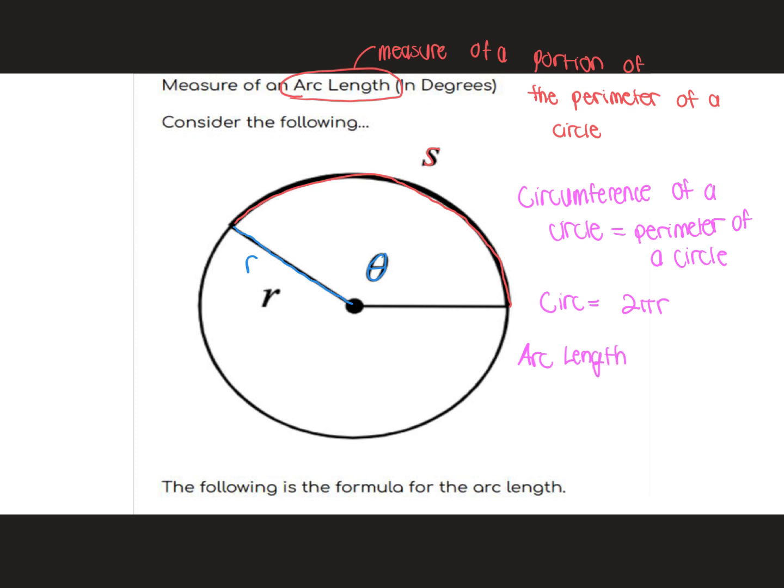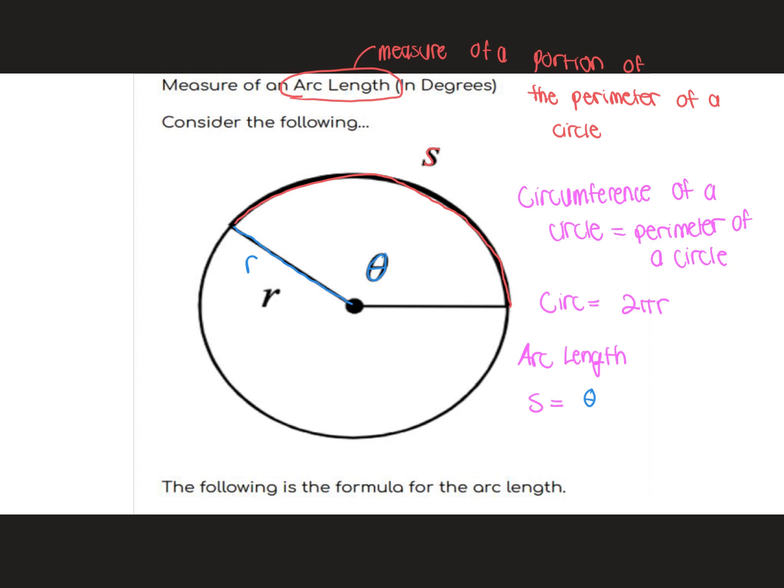And then the arc length formula, which is really S here, involves this central angle theta. If we had an angle around the whole circle, this would be 360 degrees.